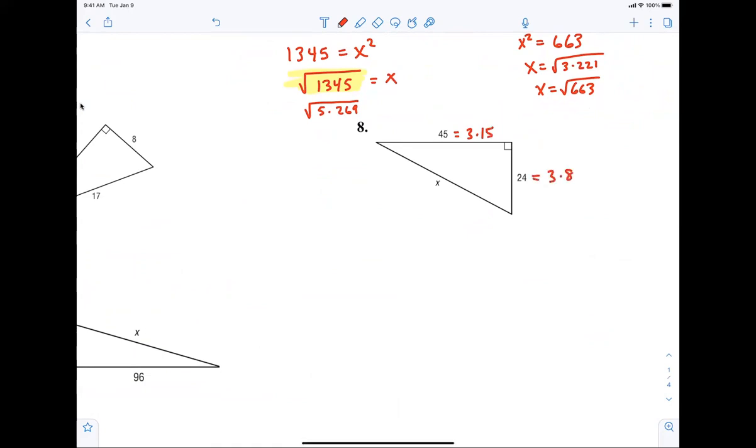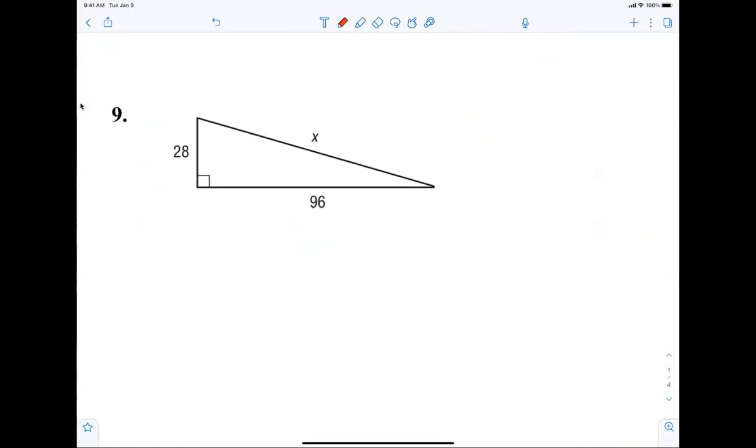So it's 8, 15, 17, right? So 3 times 17. X equals 51. Everybody okay with that? All right, very nice.